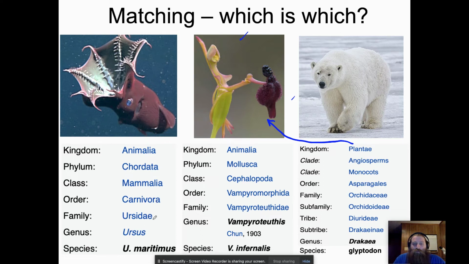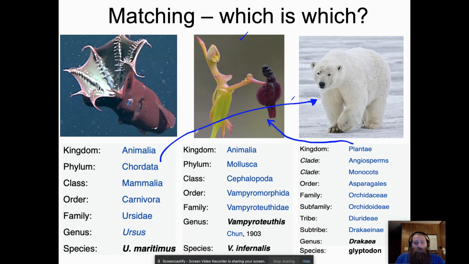Ursidae, which comes from bear, right? Like Ursa Major and Ursa Minor, the constellations, like the big bear and the little bear. Ursus, again, bear. And the species is maritimus, from ocean, right, or sea. And I don't know if you know this about polar bears, but they spend a tremendous amount of time at sea or around the sea in the Arctic. So that's definitely our polar bear.